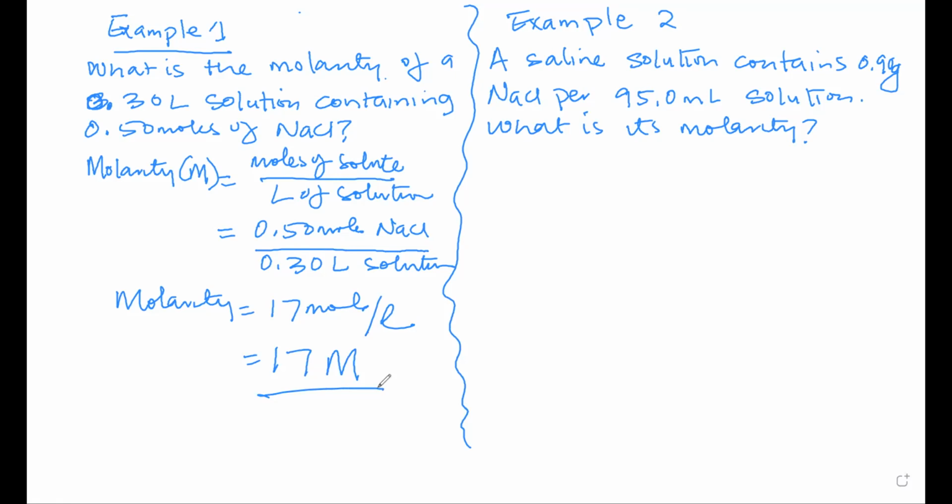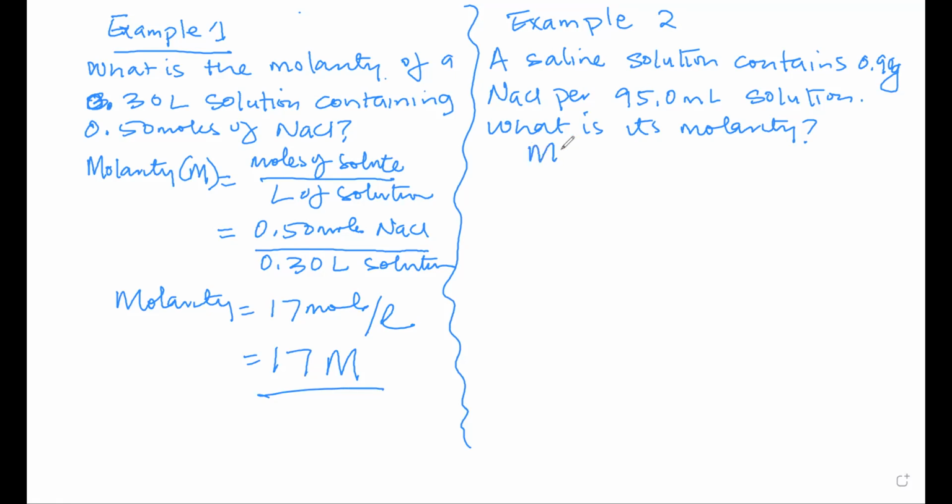Then example 2. A saline solution contains 0.90 grams of sodium chloride per 95.0 ml of solution. What is its molarity? Again, the same formula, but we have to convert.